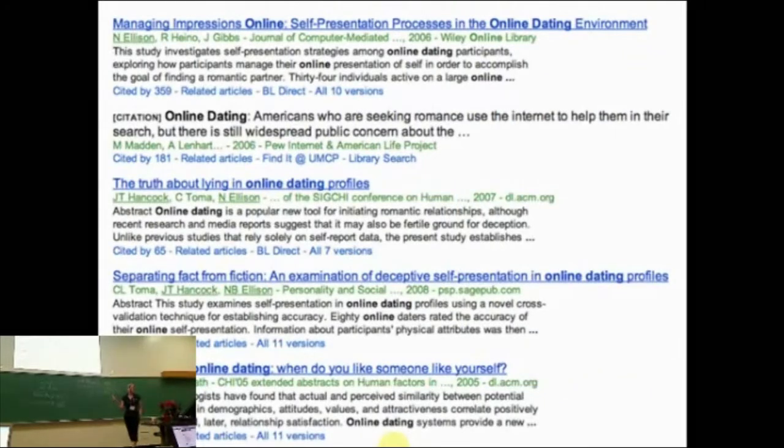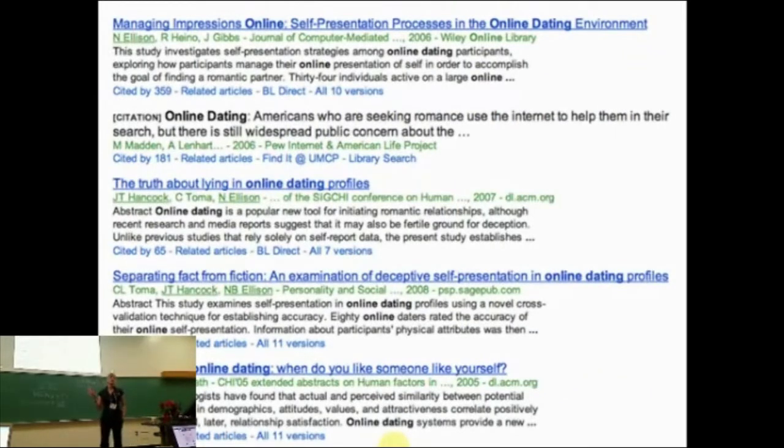Great research out there. Many of these papers, I've read them all, many of them are really excellent, make great observations about things like homophily, how like you are to pick someone who looks like yourself. Lying. When you keep changing that profile, Elizabeth Goodman and I found that people often change the profile because they just like to have more results to choose from, not because they're necessarily lying to the other person.